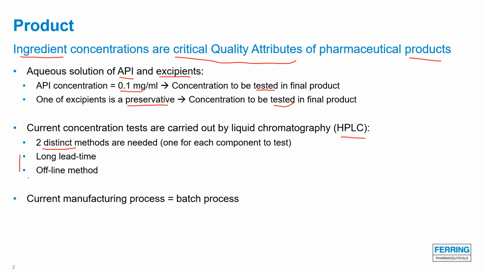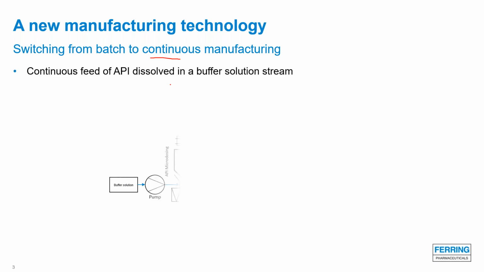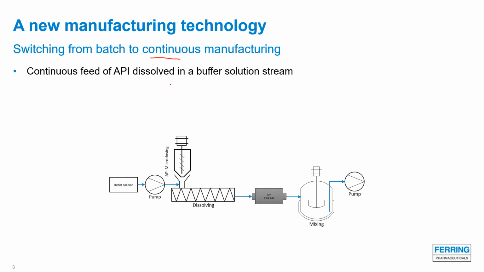The manufacturing process that we apply for this product is a batch process, like many drugs in the pharma industry. However, we have a project where we wanted to switch from batch manufacturing to continuous manufacturing for this drug product. And here is a view of what the process would look like in continuous manufacturing.